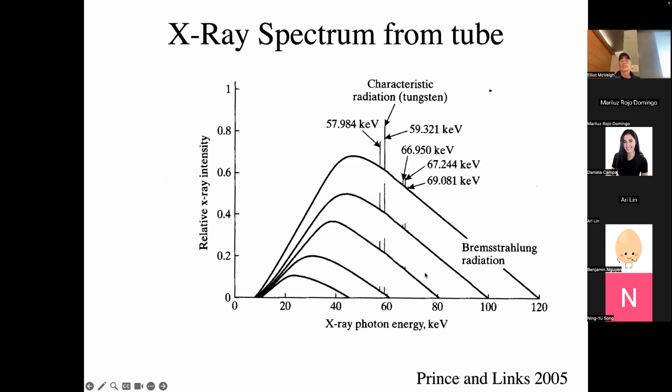When you look at the energy of all of the electrons that are coming out of that tube, they're not all just at one energy, they're at a whole spectrum of energies. So if we put the voltage across the anode to cathode at, say, 100 kilovolts, right? Then the highest energy X-ray we can achieve is a 100 kV X-ray.